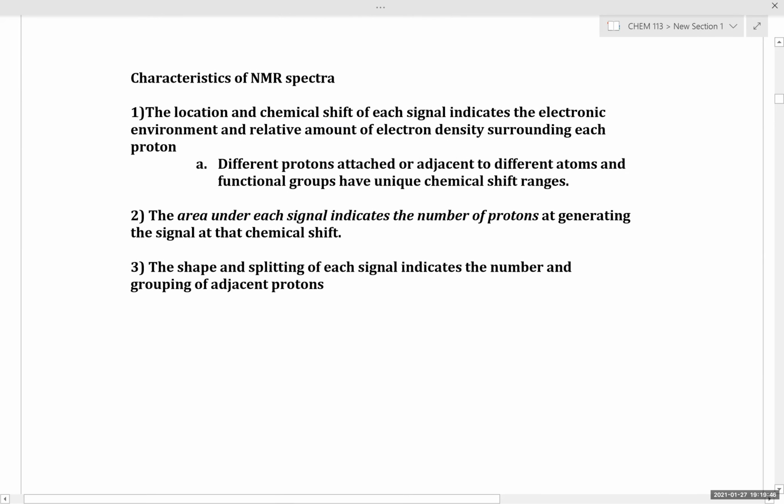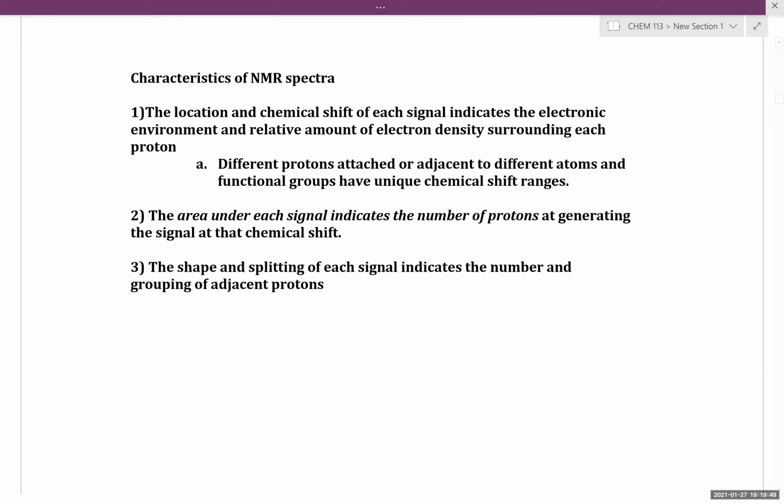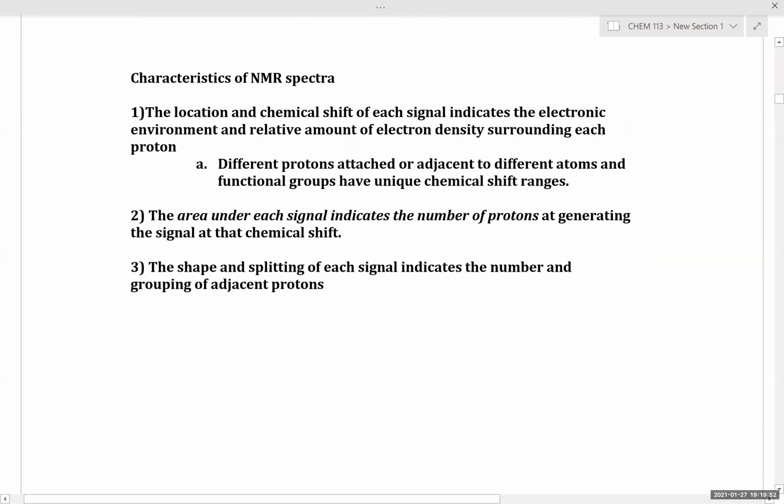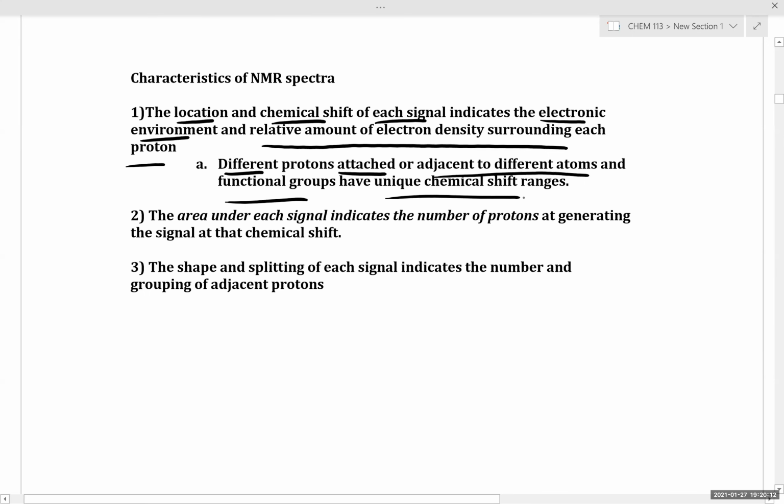So there are a few main characteristics of NMR spectra that we're going to look at in detail. The first is that the location, the chemical shift of each signal, indicates the electronic environment and relative amount of electron density surrounding each proton. Different protons attached or adjacent to different atoms and functional groups have unique chemical shift ranges. Further, the area under each signal indicates the number of protons generating that signal at that chemical shift.